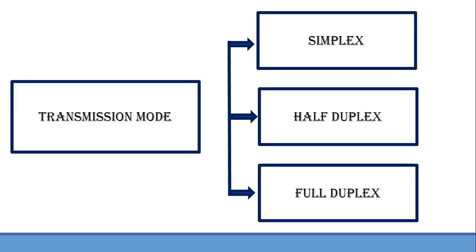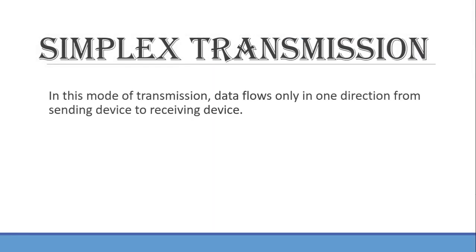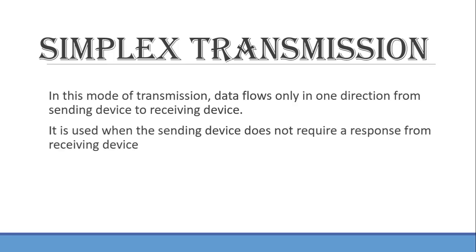Let's get into each of them. First we have simplex transmission. In this mode of transmission, data flows only in one direction, from the sending device to the receiving device. It is used when the sending device does not require a response from the receiving device.